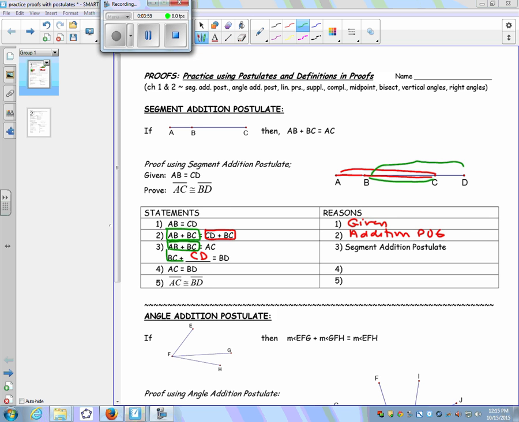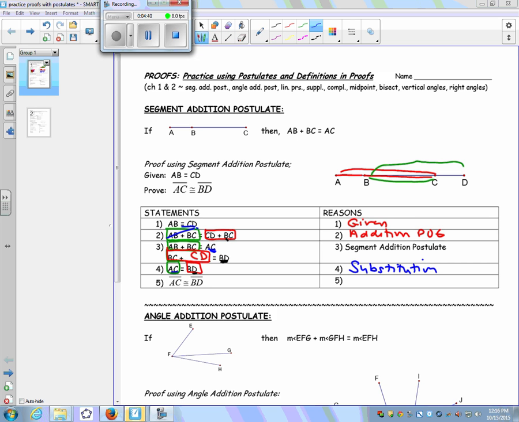And BC plus CD, it's the same. So look what happens. They are taking this green box and replacing it with what's equal to that green box here. Exactly. And they're taking out this red box and replacing it with what's equal to that red box. BD is equal to that red box. So we're taking it out and putting in the BD here. So this is going to be substitution. That was a little bit tricky to see.